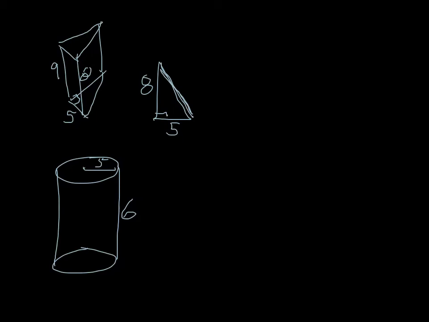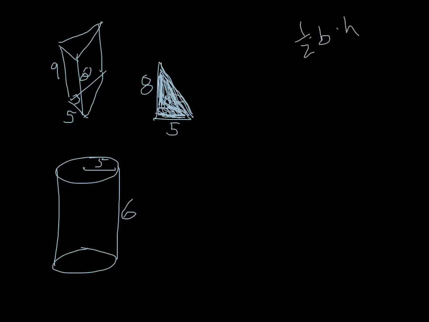So the area of a triangle is 1/2 times base times height. That's the area of just a triangle, okay? Because we're finding the surface area of all this first, okay? So to find the surface area of this triangle, it's 1/2 base times height.